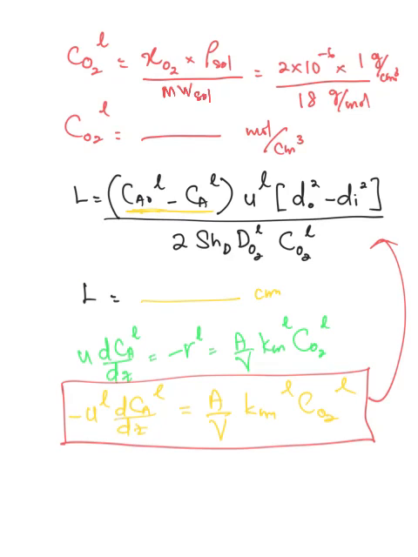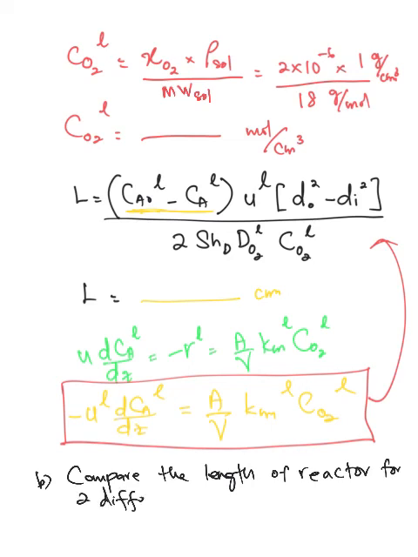Okay. And finally, to answer question B. Okay. Question B, you have the value, the length, compare the length of reactor. Compare the length of reactor for 2 different cases.